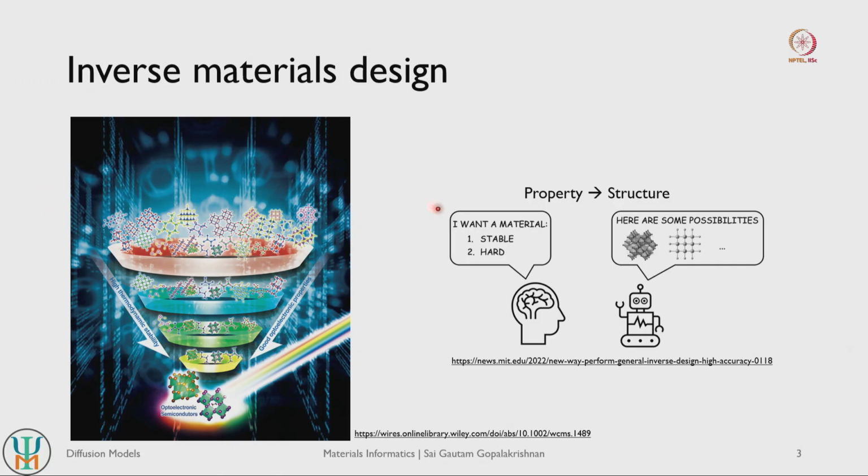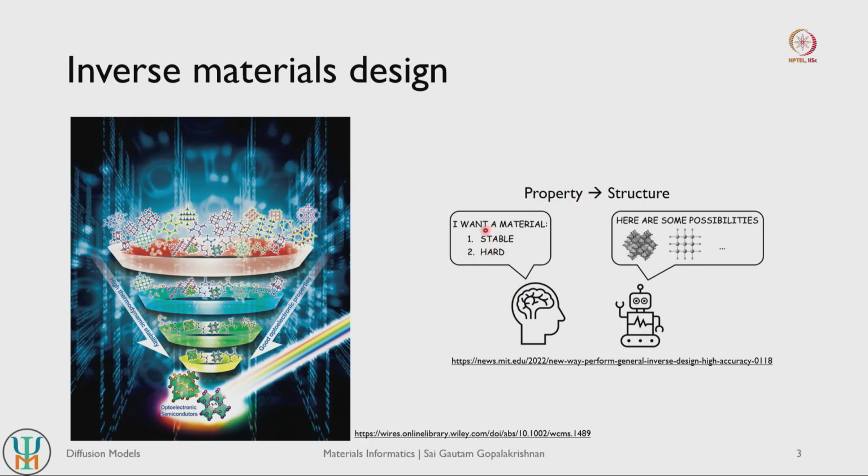Now, you can also think of inverting this whole materials design problem, in this paradigm of inverse materials design. Let us say we have a model that maps properties to structure, and you have some target properties in mind. You feed these properties into the model and it comes up with a suitable structure, a structure which will exhibit the properties that you want. This could be some kind of machine learning model.